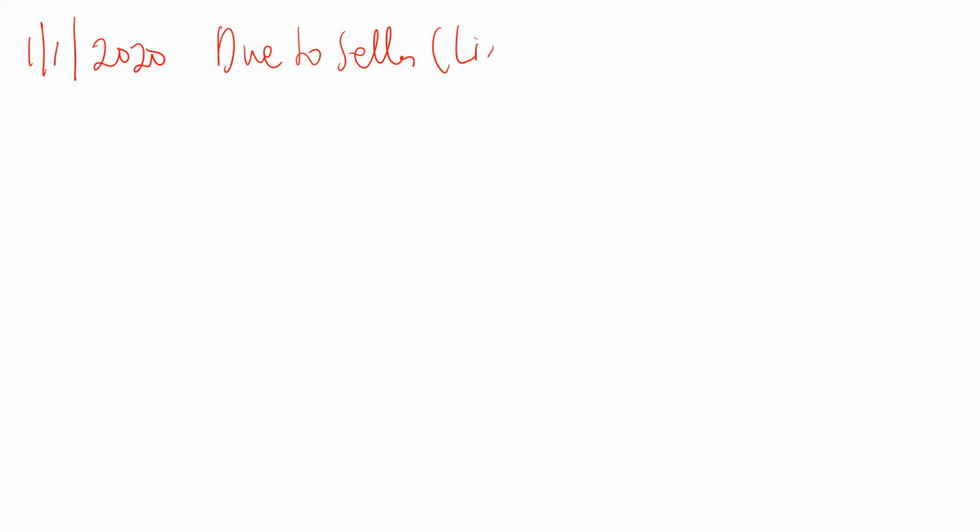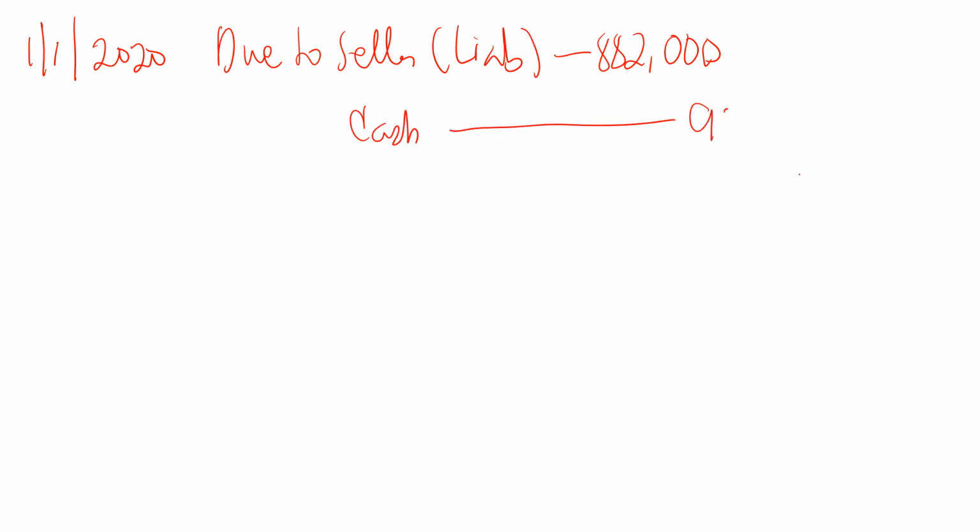So this is liability, so decrease in the liability. This is 882,000, but this is beyond the discount rate, so we need to credit cash for 900,000 because the company is not anymore entitled with the discount rate.